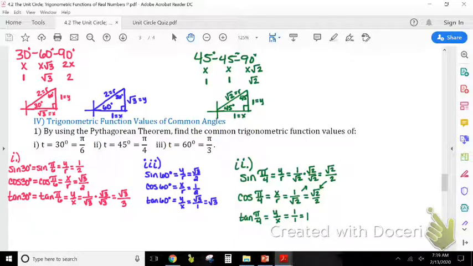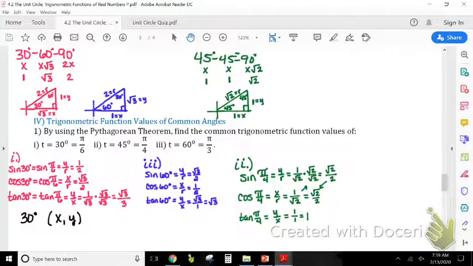So what we can do is look at part 1 here for 30 degrees. For 30 degrees, I have an ordered pair. My ordered pair is going to be an x and a y, correct? Now, you just told me that on my unit circle, r is 1. And so which of those trig functions had an x and an r in it? Sine, cosine, or tangent? Cosine.